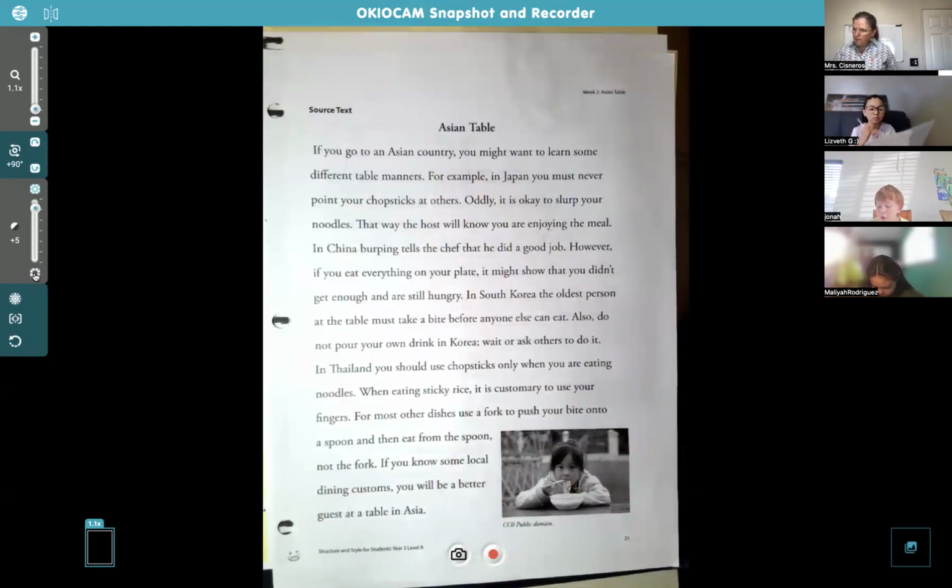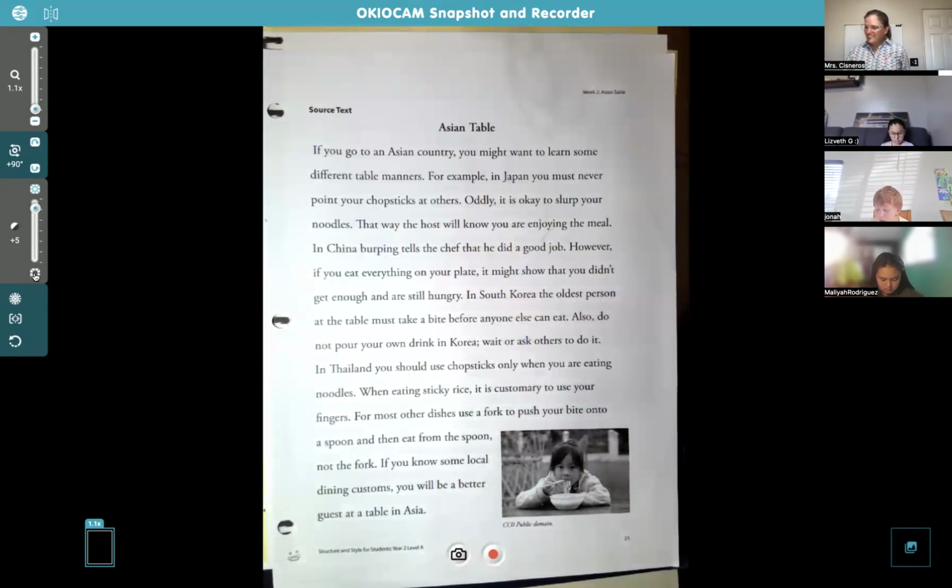If you go to an Asian country, you might want to learn some different table manners. For example, in Japan, you must never point your chopstick at others. Oddly, it's okay to slurp your noodles. That way, the host will know that you're enjoying the meal. Okay, good. Keep going. In China, burping tells if the chef did a good job.